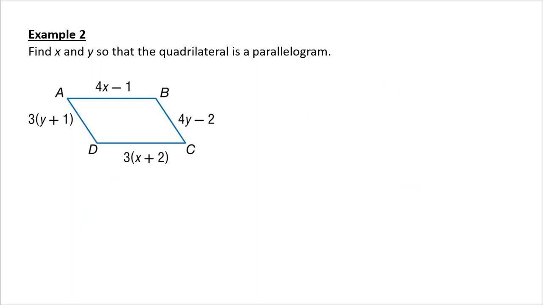Okay, find x and y so that the quadrilateral is a parallelogram. Opposite sides are going to be congruent. So 4x minus 1 is equal to 3 times x plus 2. Solving that, subtract the 3x over, add the 1, we get x to be 7.